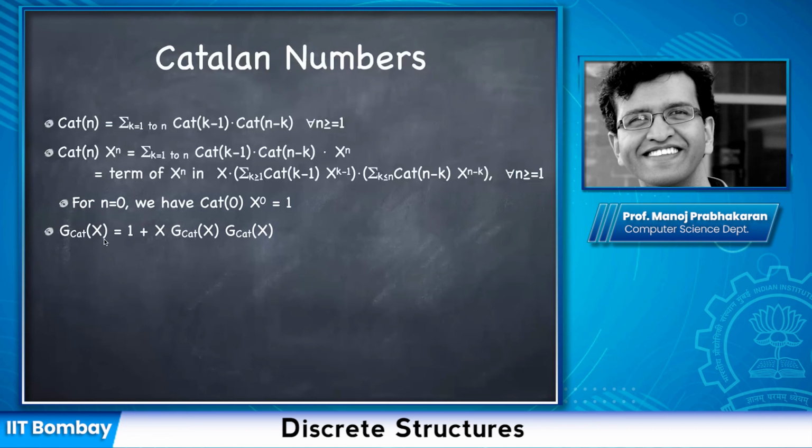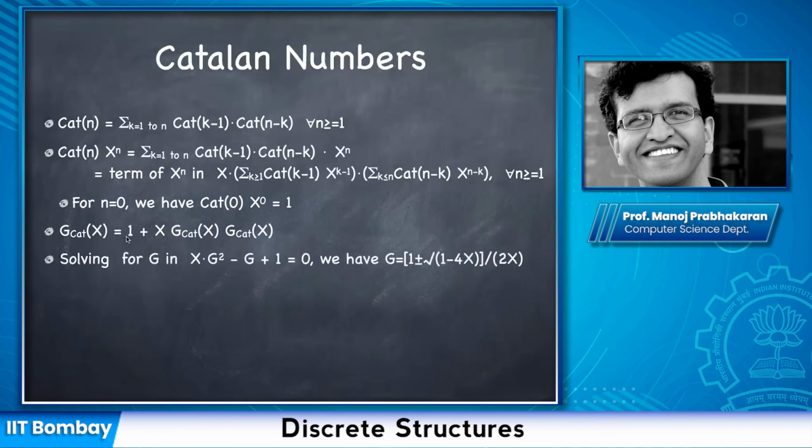So remember, the generating function is an infinite formal series, and we just argued that it should satisfy this condition. That still doesn't immediately give you a nice expression for the generating function, but you could think of this as a quadratic equation where we are trying to find this term, G_Cat(x).